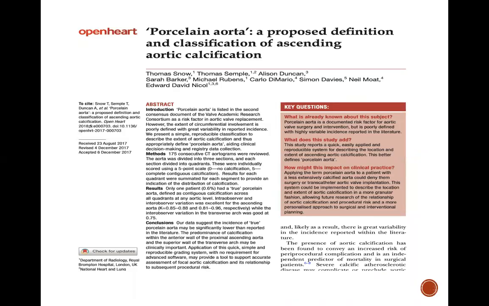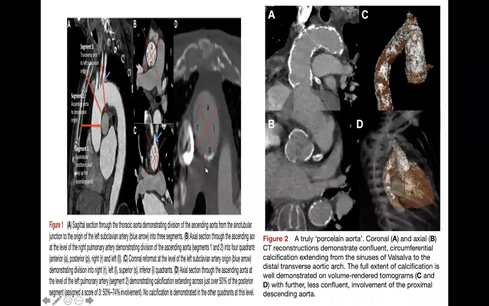Another good paper about classification of the ascending aorta depends on the extent of atherosclerosis. They divide the ascending aorta into 3 segments, and then each segment is divided into 4 quadrants across the circle's cross-section.